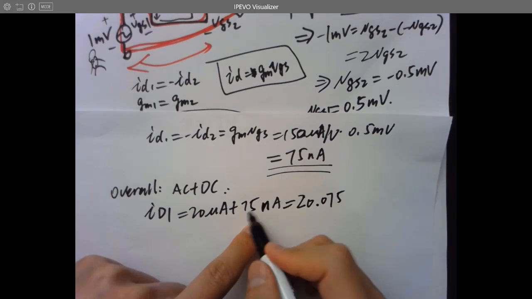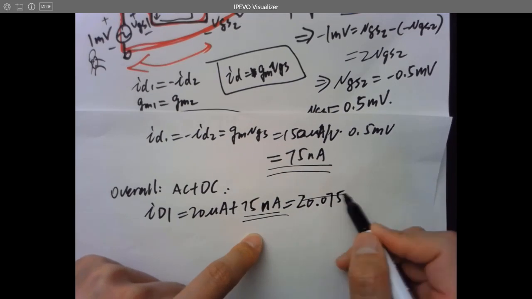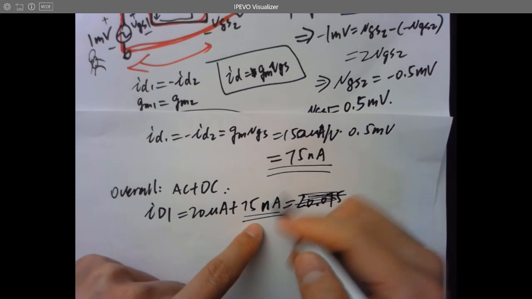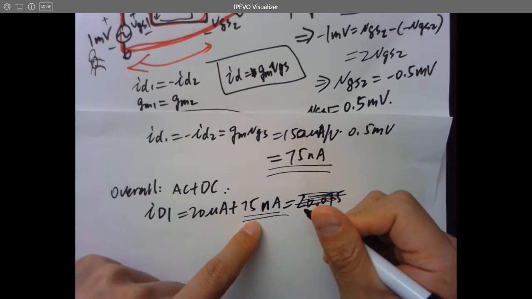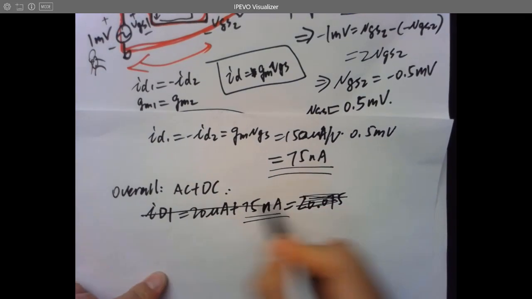No, we cannot do that because this one is a sine wave. We cannot directly add to it, right? So it's going to be a time variant signal.